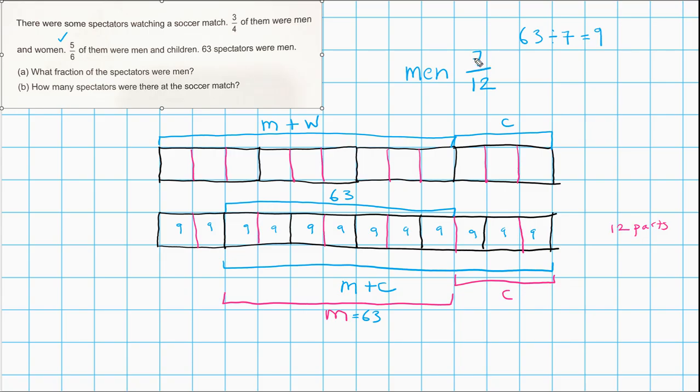That's 7/12 are men. Okay, 7/12. And it says how many spectators were there at the soccer match. Well, we know that there's 12 parts altogether. Each of them represents 9 people. So it's just simply 9 times 12, which of course is 108. And that's how many people I think were at the soccer match.